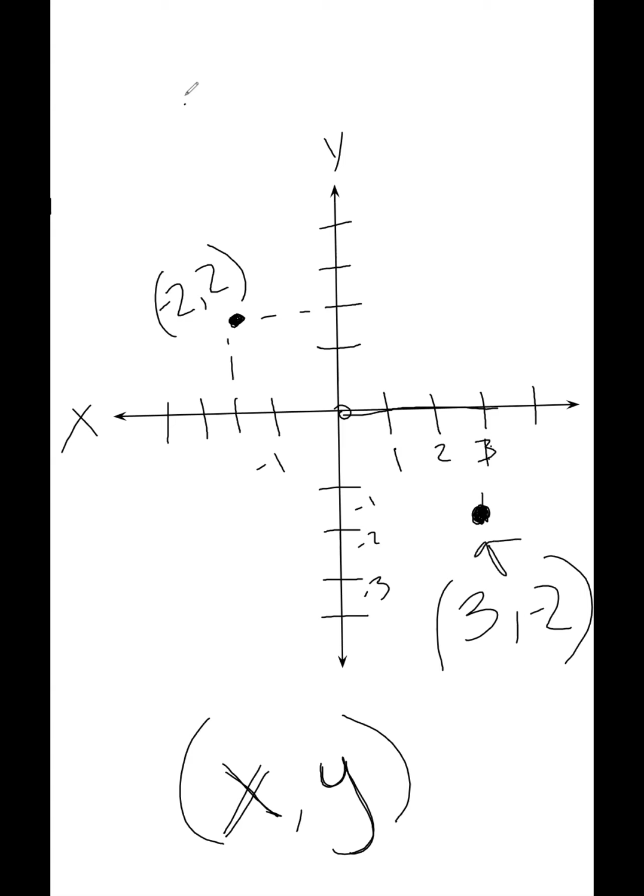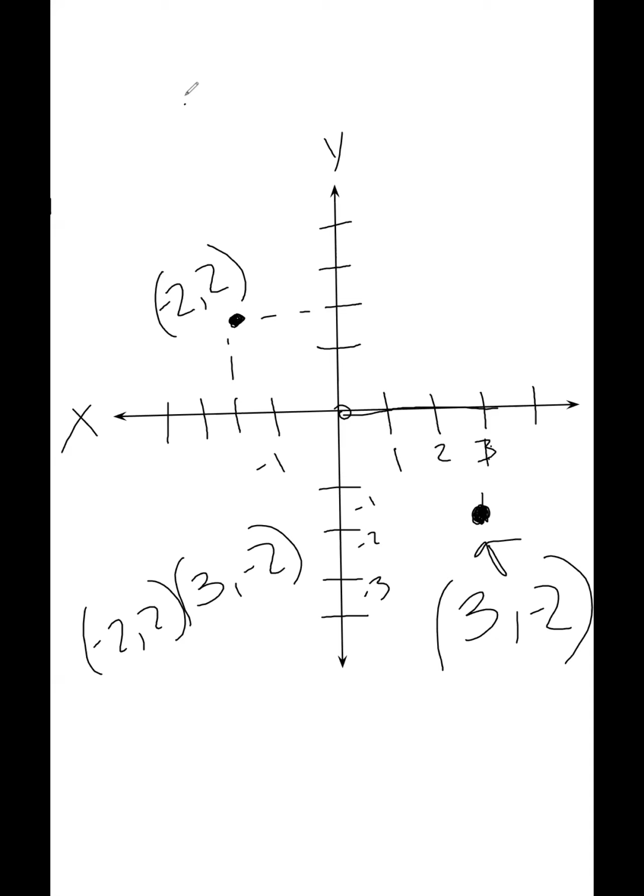That's that point. So what you need to do when you have your graph on number 5 is label those points, or on a separate sheet of paper, just label them. Let me do one more point so I have 3 and it looks a little better. Put one right here.